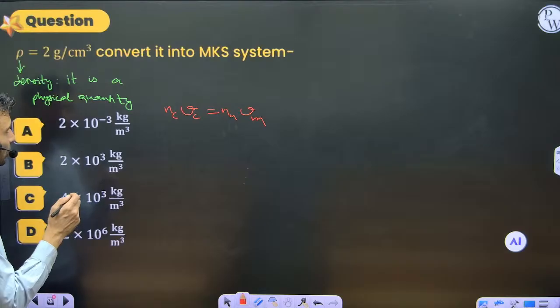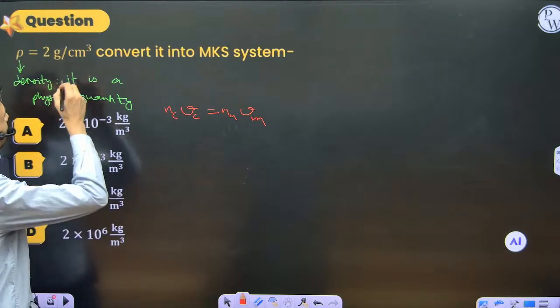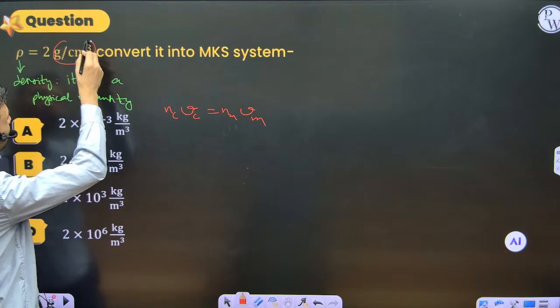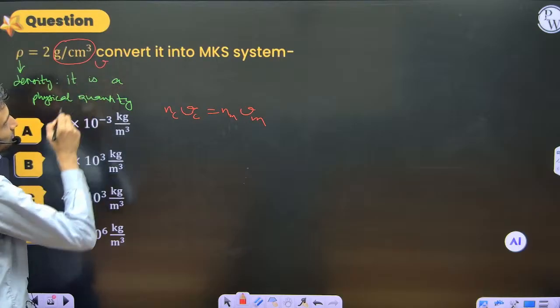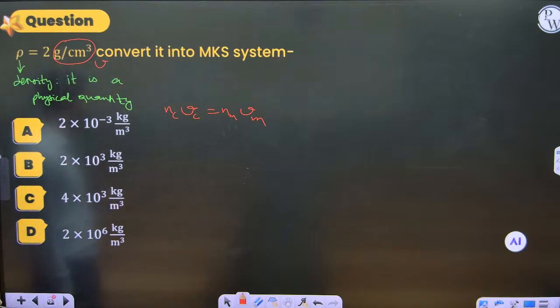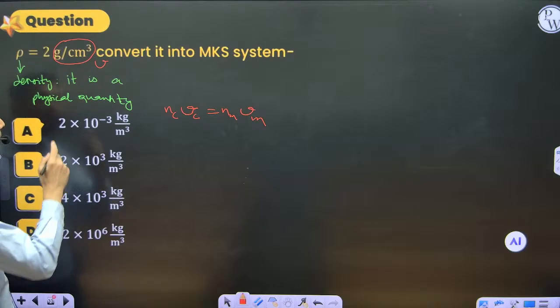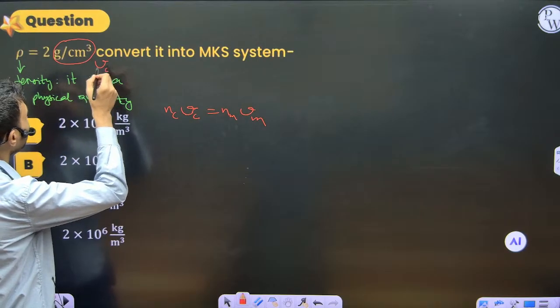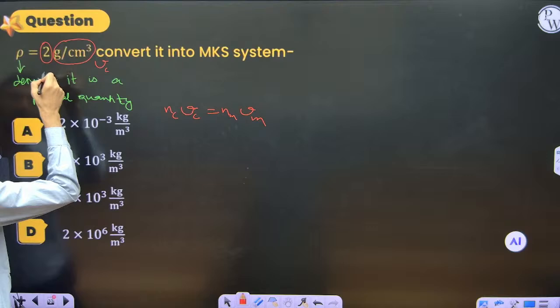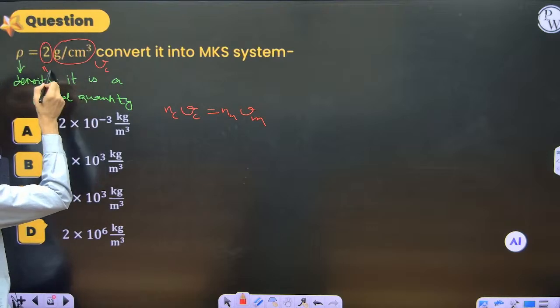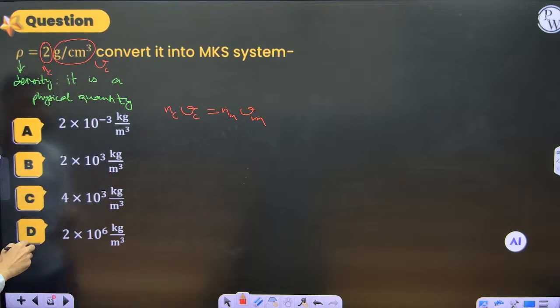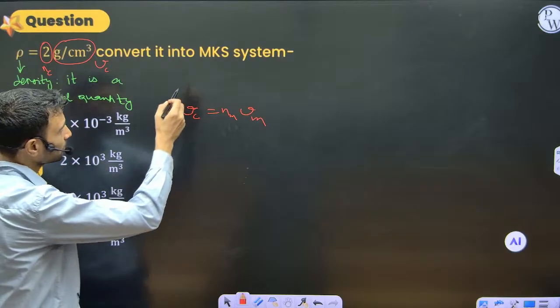So, gram per centimeter cube is a unit in which system? Gram centimeter means it is CGS, and this number is written in the CGS. We have to convert it into the MK system.